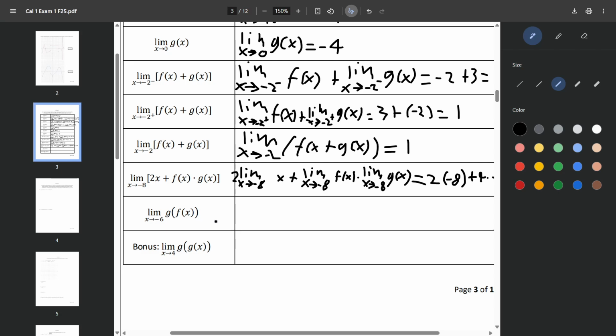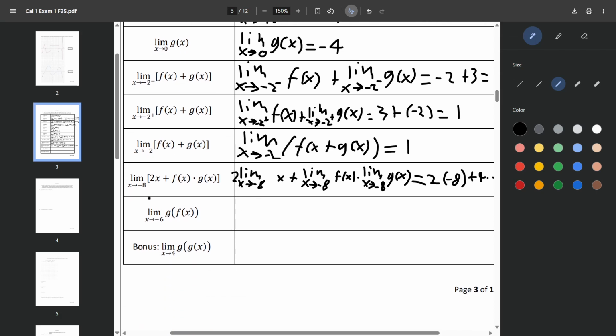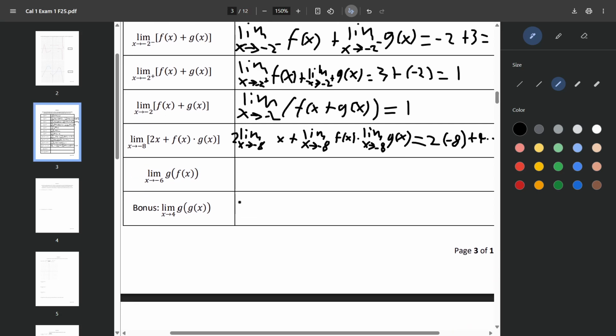Alright, so now for our next question, it is the limit of x approaching negative 6 of g of f of x. The rules for distributing our limit are the same as the ones for our previous question. So we will rewrite this question as g of the limit of x approaching negative 6 of f of x. Let me rewrite that.